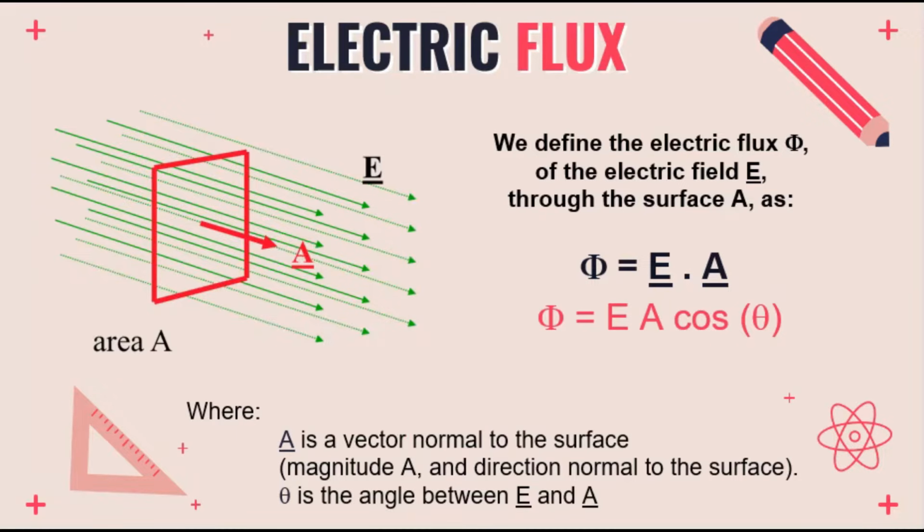The theta here is the angle between our electric field and our area vector. In some notes or books, this area vector can be denoted as the normal vector, kasi si area vector is always perpendicular to the surface of our object, can be a box, a balloon, or a cylindrical surface.